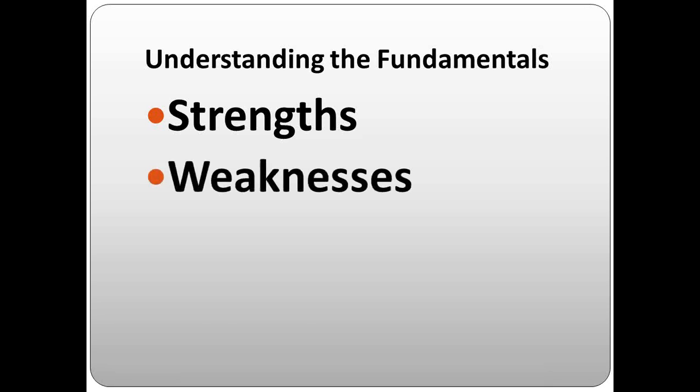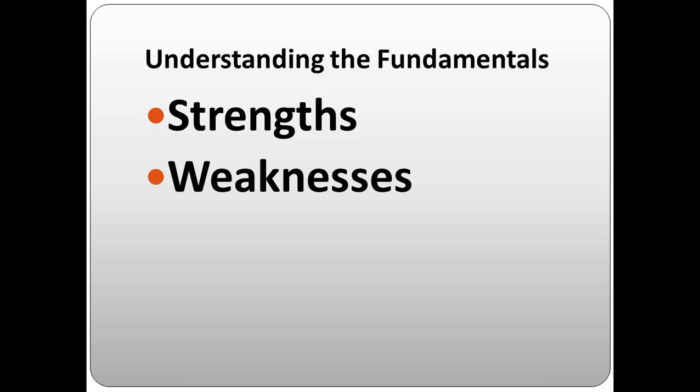Secondly are weaknesses. Weaknesses are the things within your ministry that are factors you can control that distract your ability to achieve your mission. They're limiting you. You have faults or defects or broken processes or broken people or broken facilities that have weakened your effort, your ability to fulfill the Great Commission.